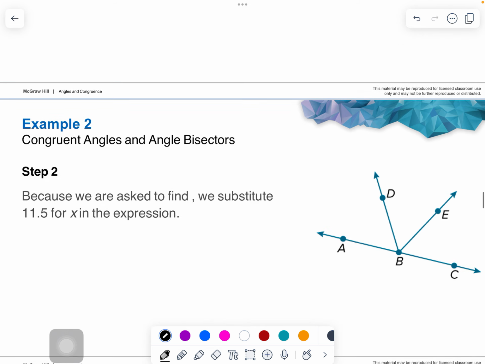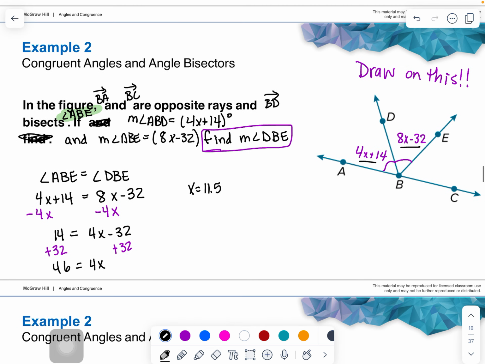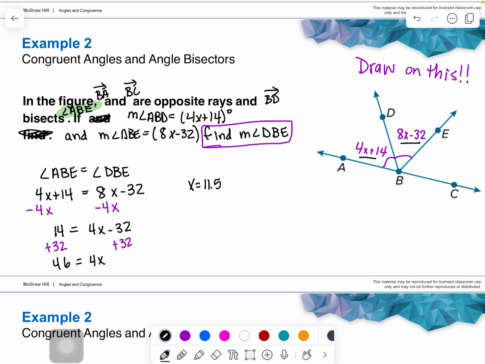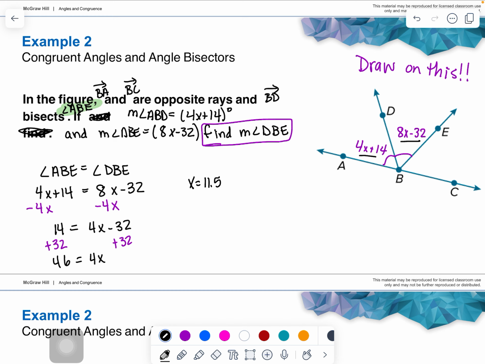And then because we were asked to find DBE, we're going to substitute that back in. I should have been doing this correctly right away, we need to find the measure. This little m out front means the measure. When we're starting to put it into equations, geometry starts to do some really funky things. And so when we put it into equations, we need to say the measure of DBE equals 8x minus 32.